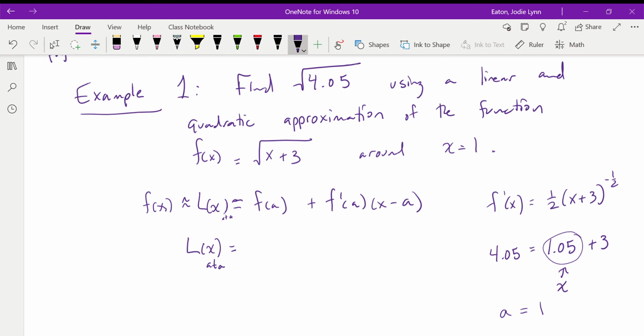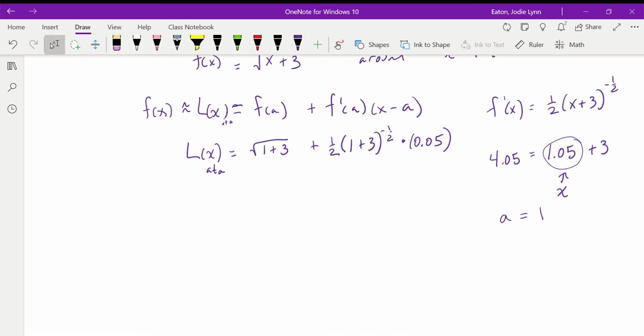So f of a is the square root of 1 plus 3, because a is 1, plus f prime of a, which is 1/2 times 1 plus 3 to the negative 1/2. And then we're going to be multiplying by the difference between x and a. So 1.05 is just 0.05 more than a.